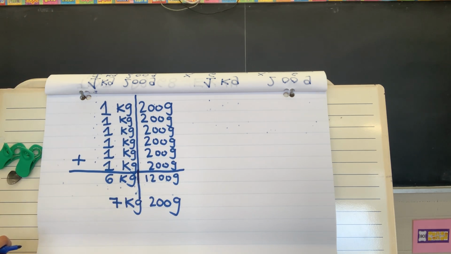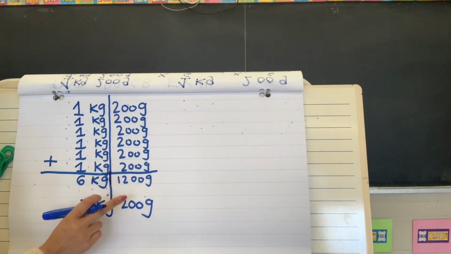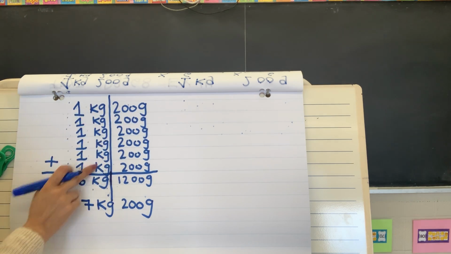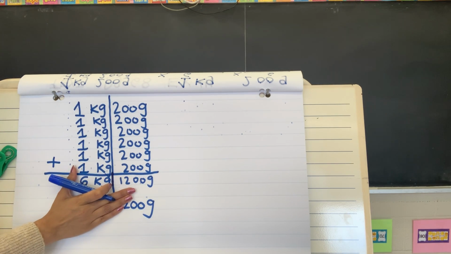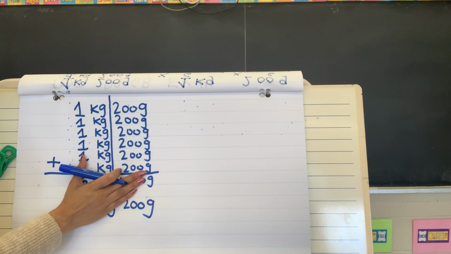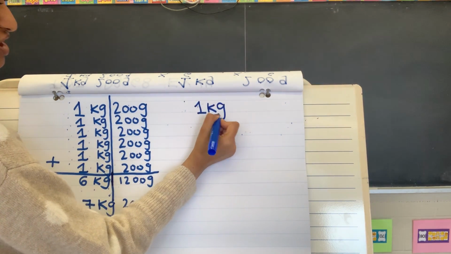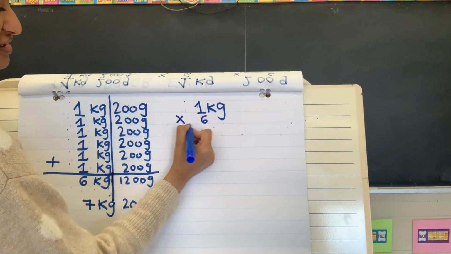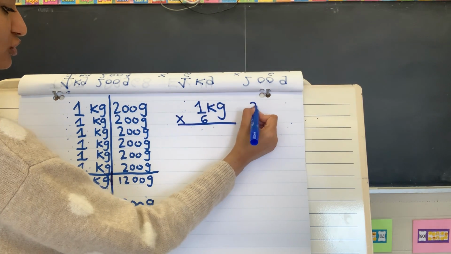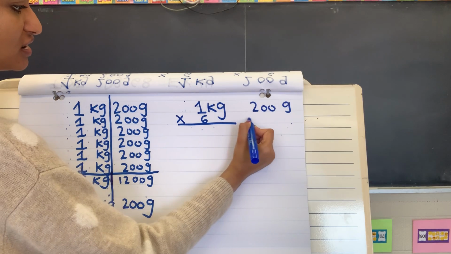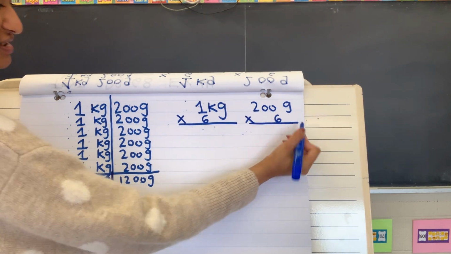Does that make sense? Now, if I had to do multiplication, instead of going all the way to writing this 6 times, I could do 1 kg times 6 and 200 grams times 6.